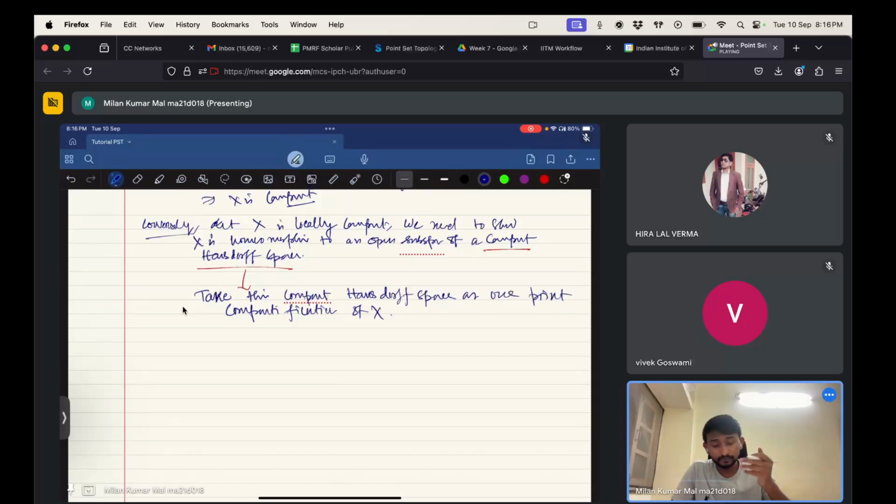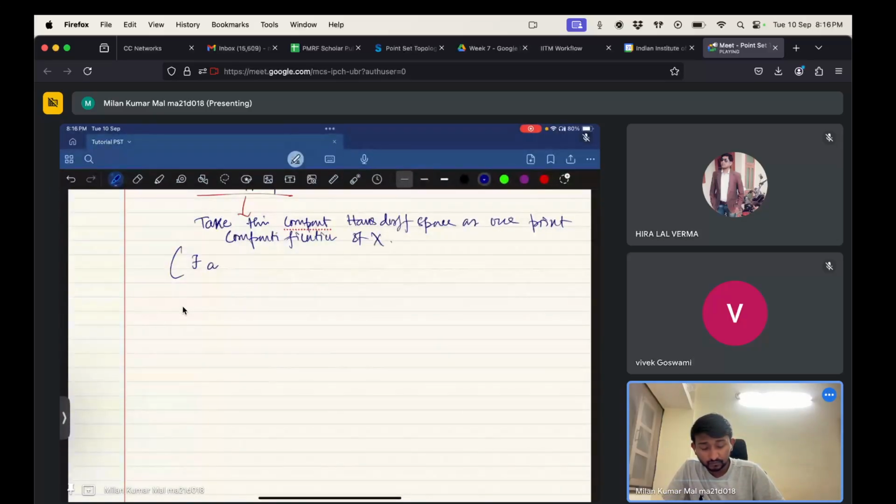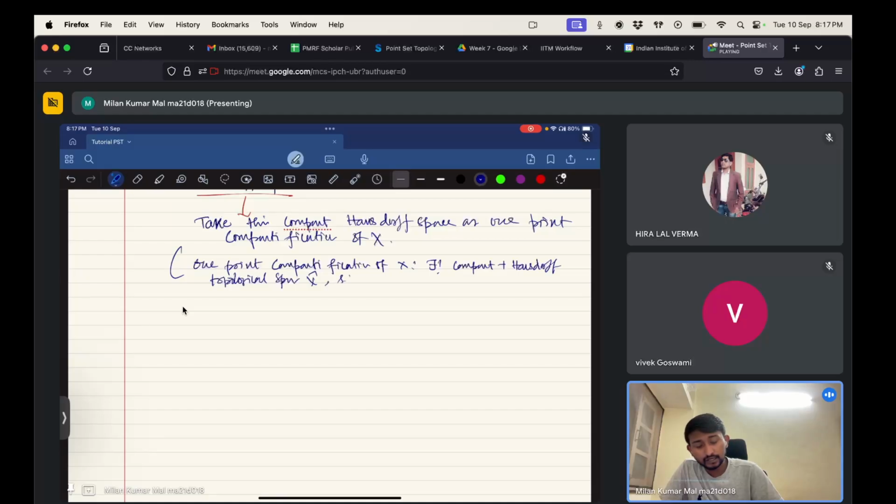That means there exists a unique compact Hausdorff topological space X cap such that X is contained in X cap as an open dense subset, via a map i from X to X cap, such that X cap minus i(X) is one point. This is the one point compactification.